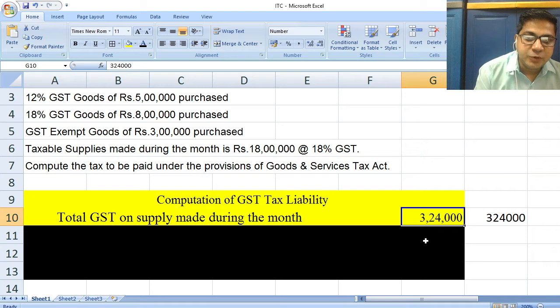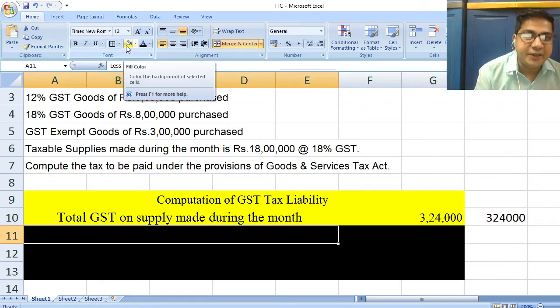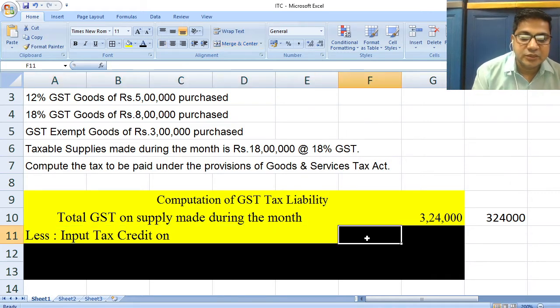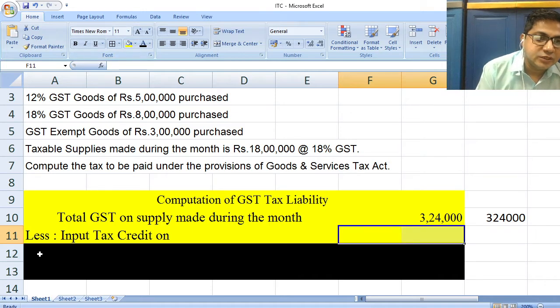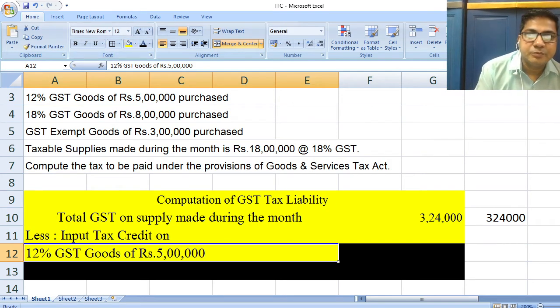Now this particular amount we have to pay to the government, but before paying we have to give input tax credit because he has purchased some goods. So input tax credit we will deduct. First he has purchased 5 lakh of goods and the rate of GST is 12%.